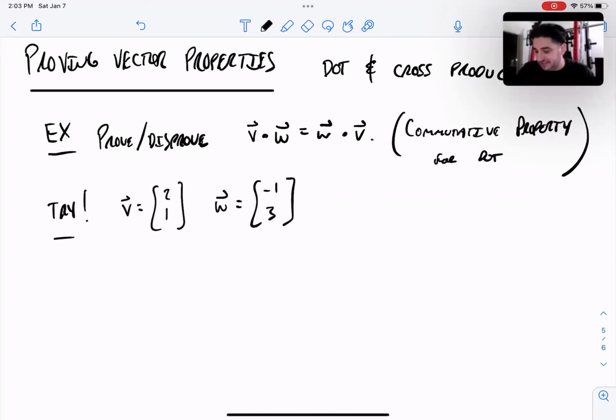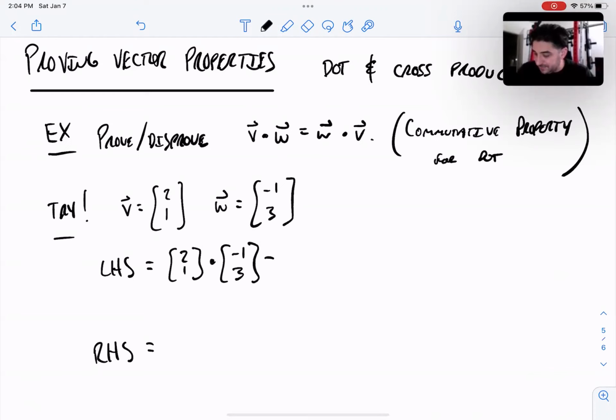I'm picking these out of a hat just to see if the left-hand side and the right-hand side of this identity match or not. For the left-hand side, I'd have 2, 1 dot -1, 3. So I get 2 times -1 plus 1 times 3, which is -2 plus 3, -1.